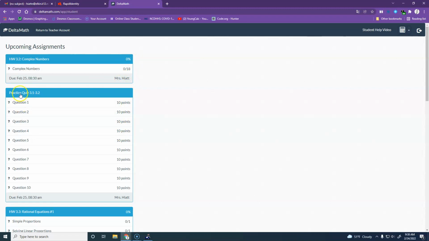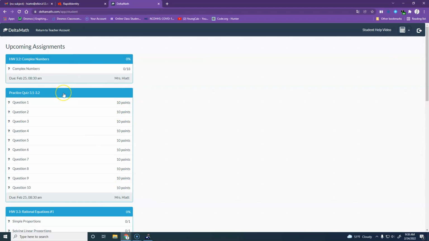And then this is not required, but I have put up a practice quiz. So the practice quiz is like what you'll see on the quiz tomorrow. The practice quiz will have some simplifying radicals that we were doing yesterday, so it'll have that rationalizing the denominator, it'll have all of that stuff. It'll also have the complex number stuff that you're doing today.